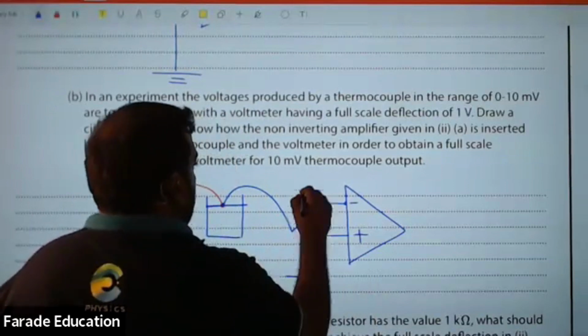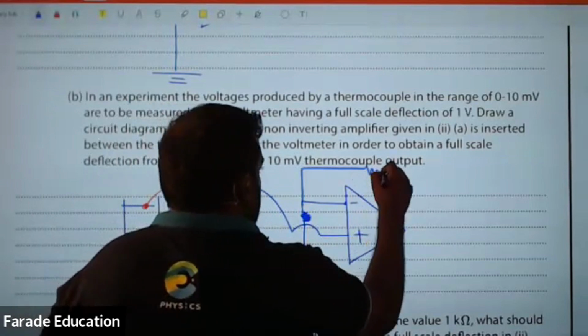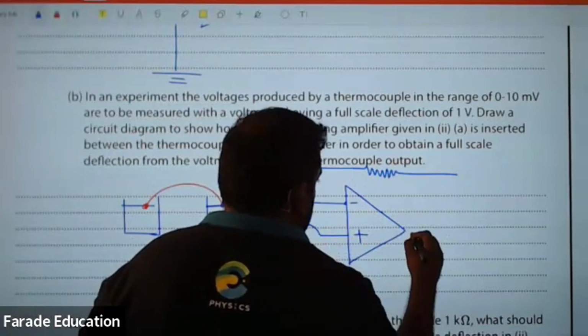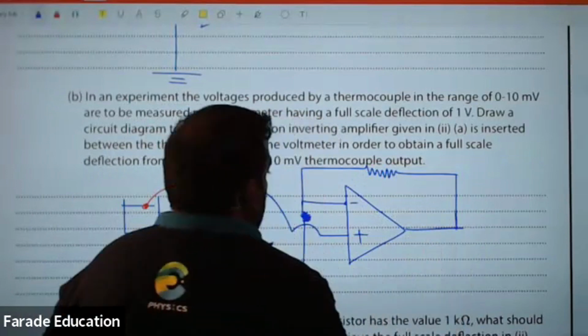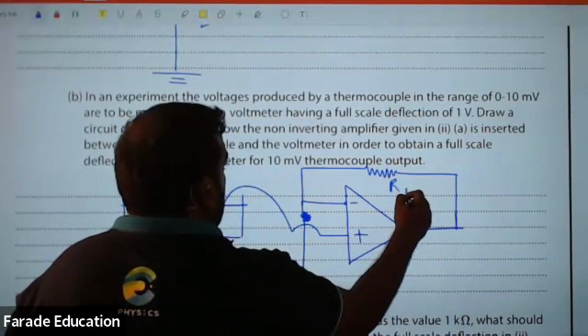Here it is grounded. Here you have the output.